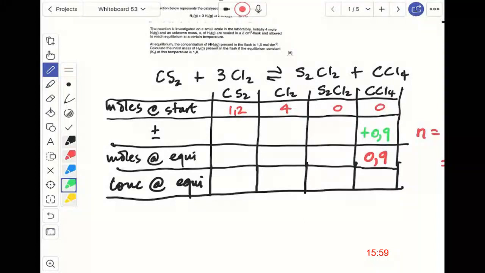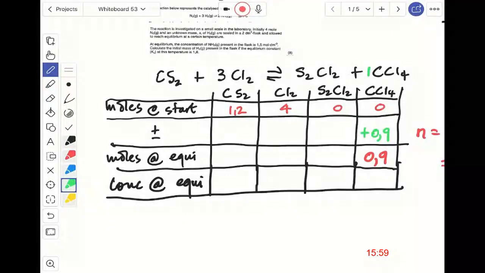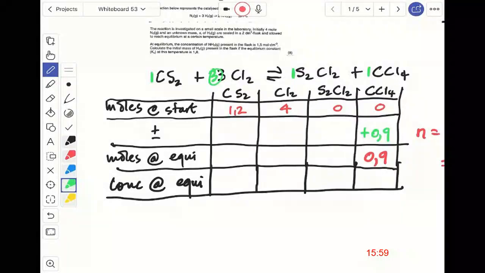Okay, so I look at my mole ratio and I see it's 1 is to 1 is to 1 is to 3. Okay, so if I produce 0,9, I must have used 0,9 over there because that's 1 is to 1. I must have produced 0,9 here as well, and that's 1 is to 1. And because that's 1 is to 3, I must have used 2,7 over there.